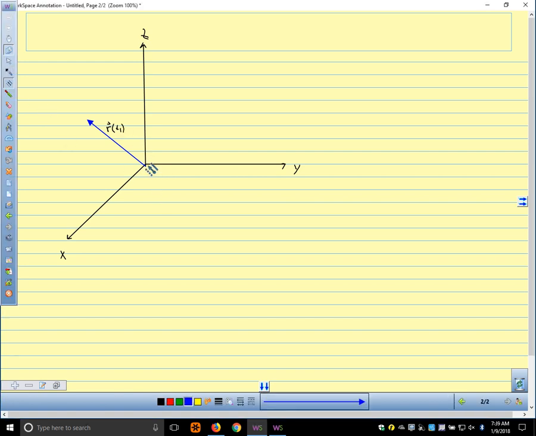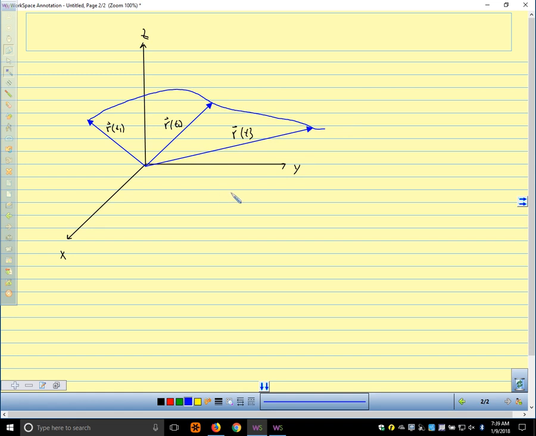I get another vector over here, r of t2, and a third vector over here, r of t3. We could keep going. If we connect the tips of these vectors, we get some kind of curve in space.